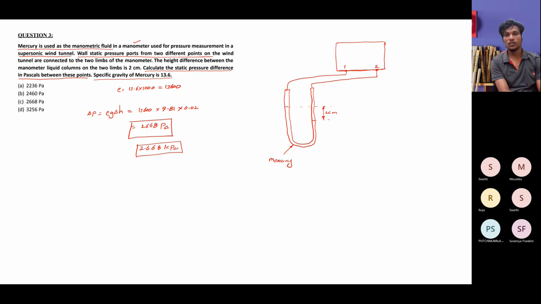The height difference it creates, or the tube height needed for the same pressure difference, is comparatively very small. If you use water, you need very big manometer tubes to measure the same 2 kilopascals. That is the key reason why we use mercury for experimental setups with huge pressure differences.